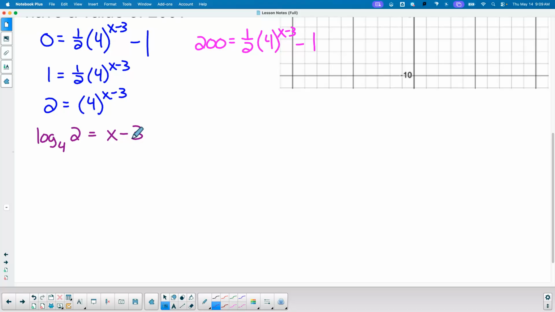Yep. So that's where the 1/2 comes from. And then add 3. So my x-intercept is 7/2, 0.